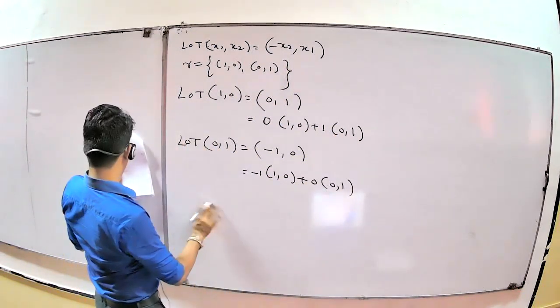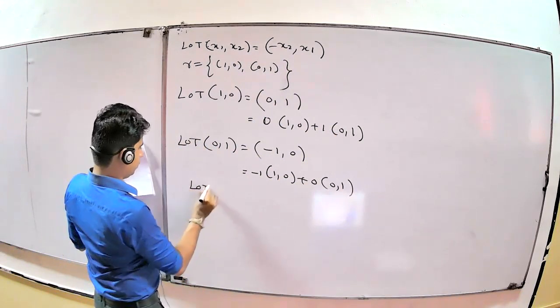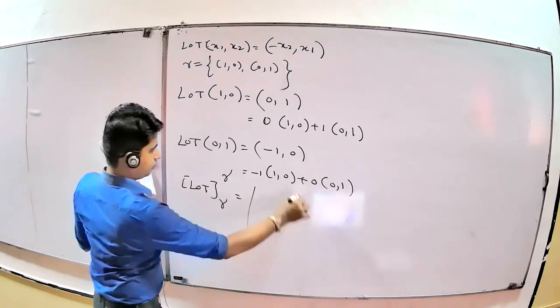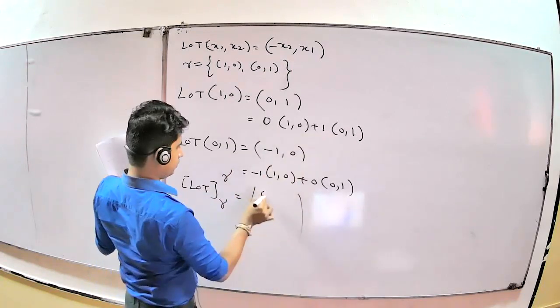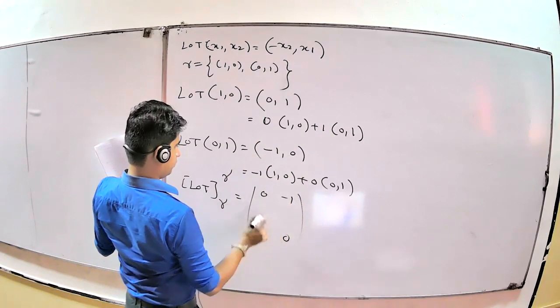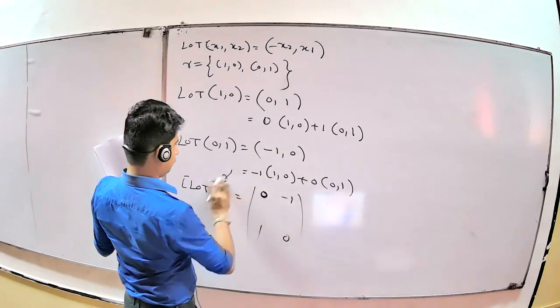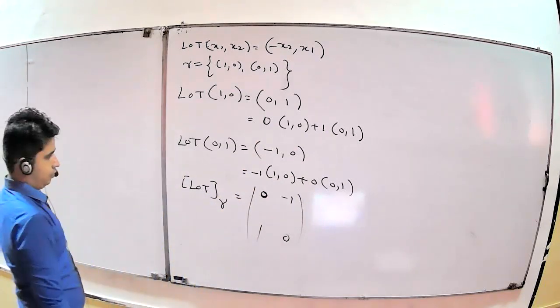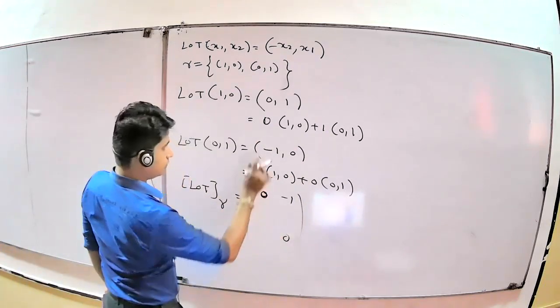Therefore L composition T with gamma gamma is 0, 1, minus 1, 0. Both have the same ordered basis, so you only need to put gamma, that is enough.